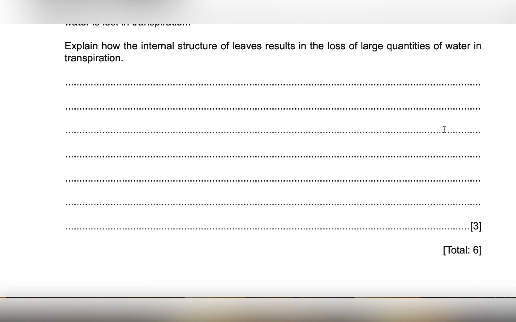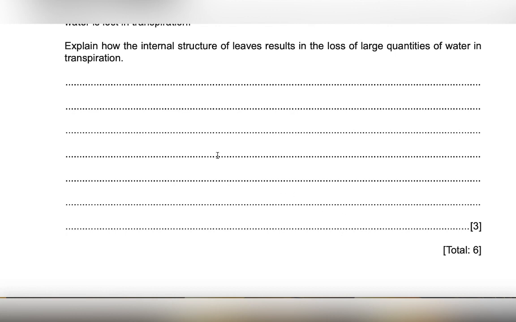That's your first point. Your second point is that the xylem cells transport the water from the roots of the plant to the leaves, right? This water, on getting to the leaves, is heated by the heat from the sun, and the water changes from water to vapor, and then this vapor diffuses through the guard cells and the stomata into the atmosphere.